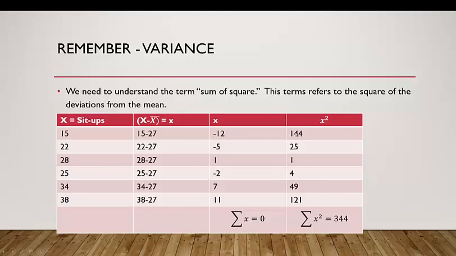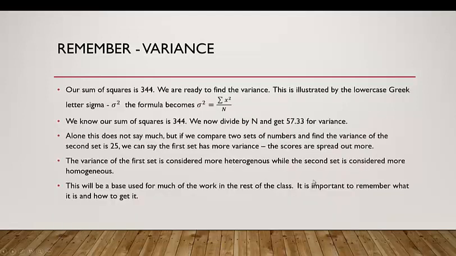This is what we call the sum of squares. So negative 12 squared is 144. Negative 5 squared is 25. So that gets rid of our negative numbers, and we sum them up once they're squared. And this is our sum of squares. Then what we do with our sum of squares is we divide it by our N, our number of participants.